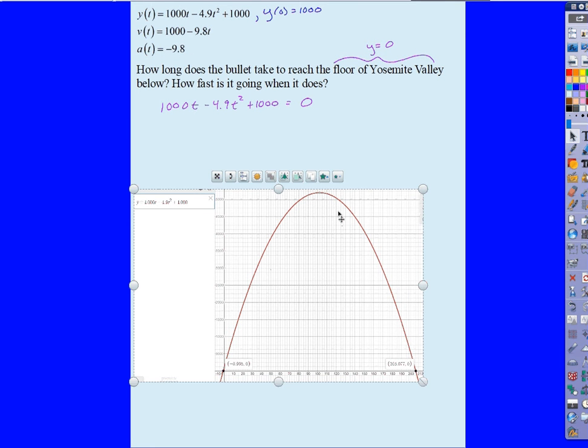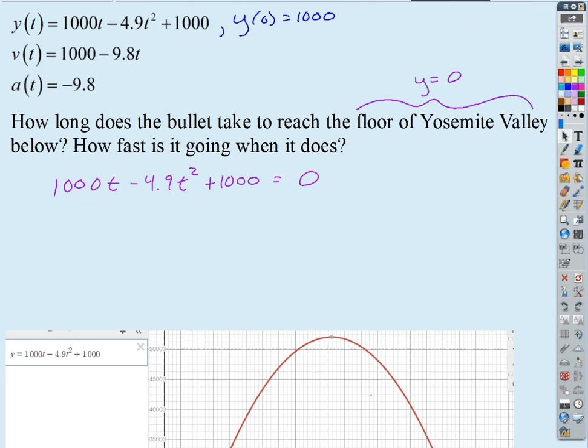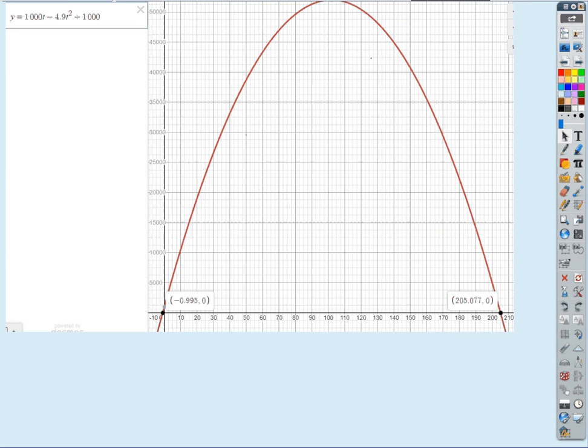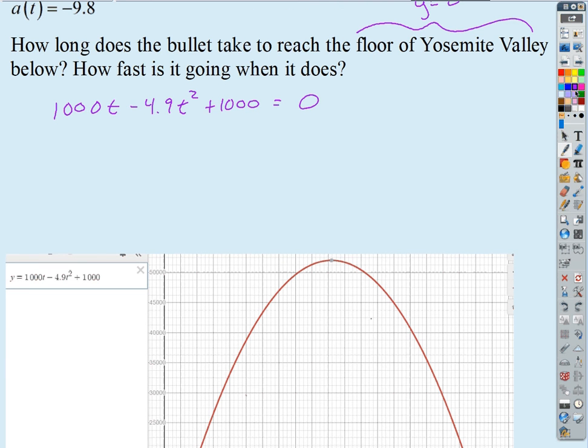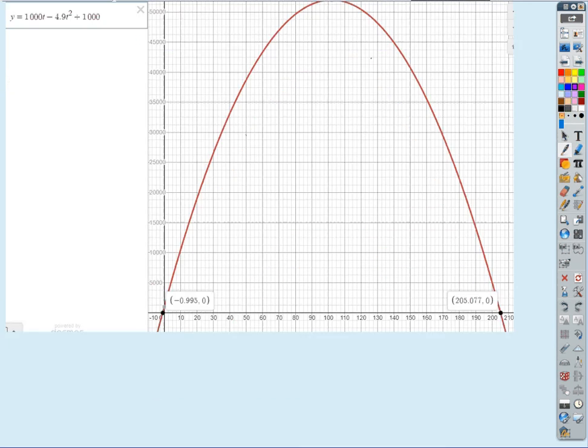We got the two values when we did this. We'll round to the nearest hundredth, how about? So we get negative, well, I guess that's just negative 1.00, isn't it? What was it, 205.08?